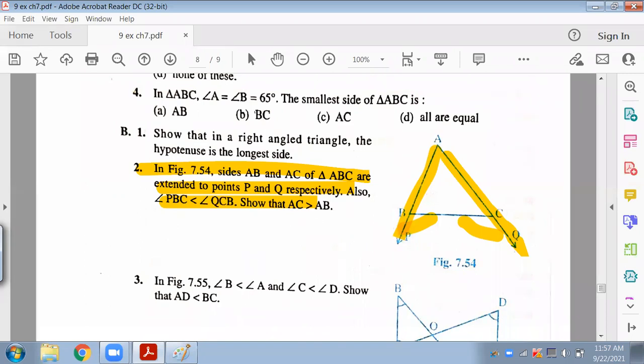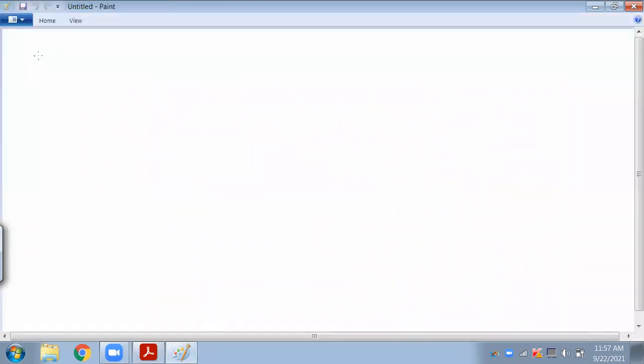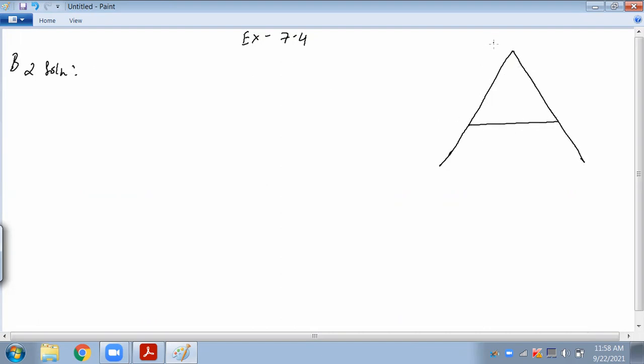Okay, so let's take it. So in triangle ABC, AB is produced to P and AC is produced to Q, and we are getting this angle PBC and this angle QCB.